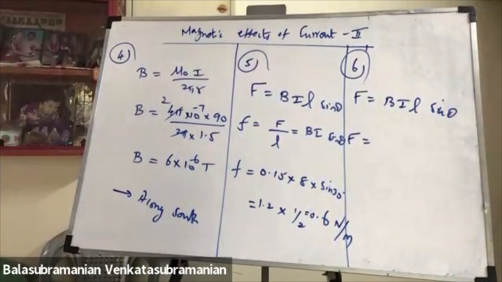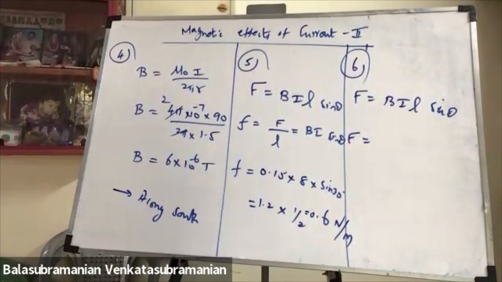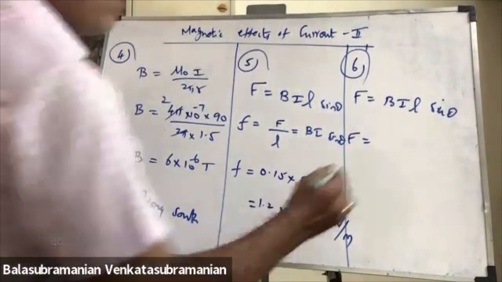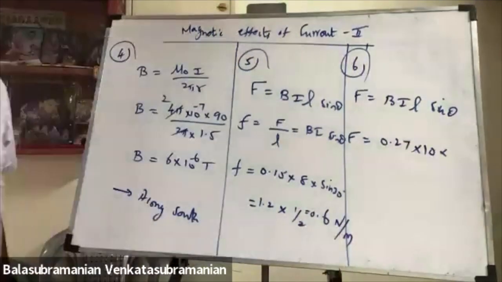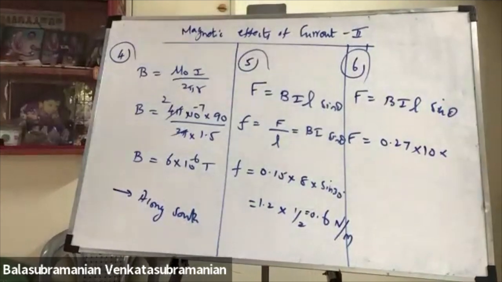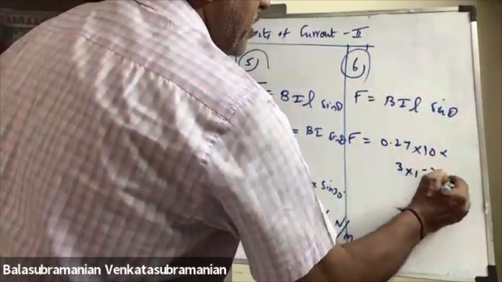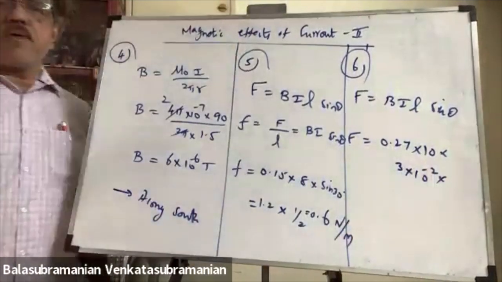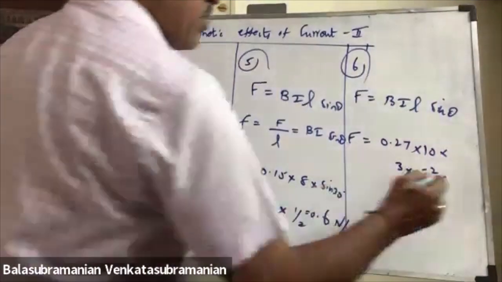What is the value? B value 0.27 Tesla, current 10 ampere, length 3 centimeter wire, 3 into 10 power minus 2. Placed perpendicular, then theta should be 90.